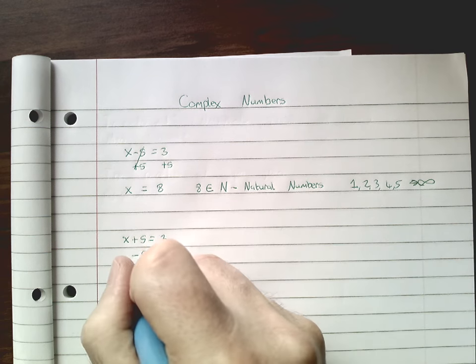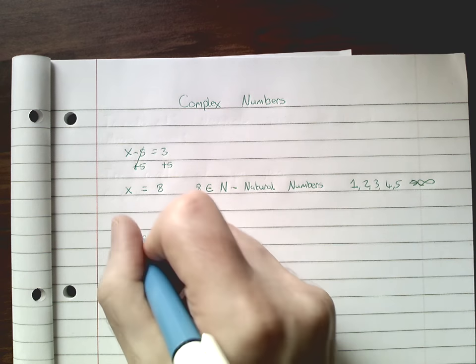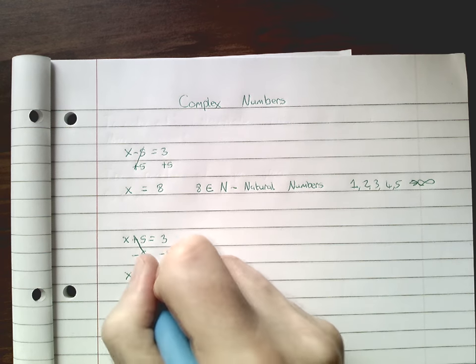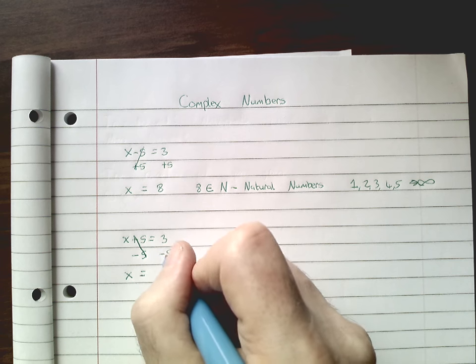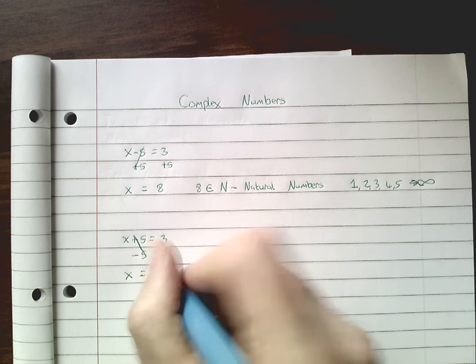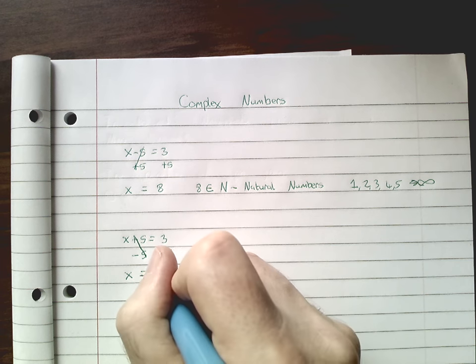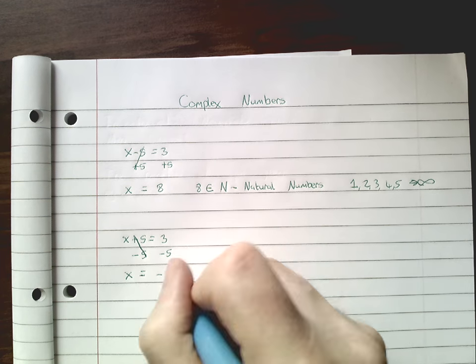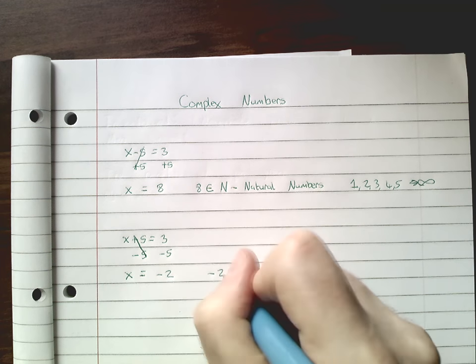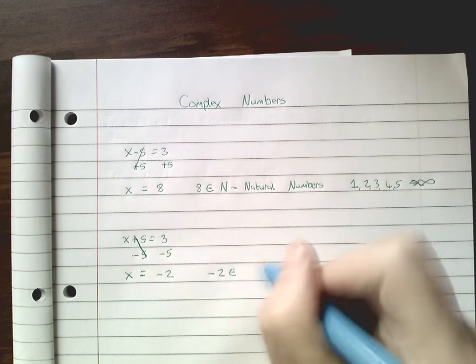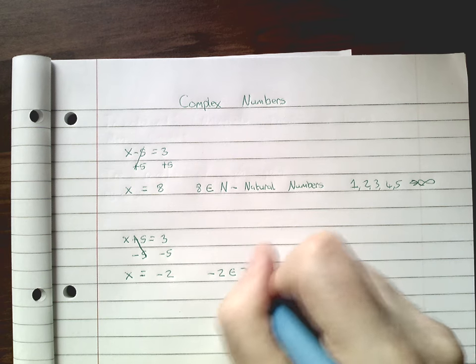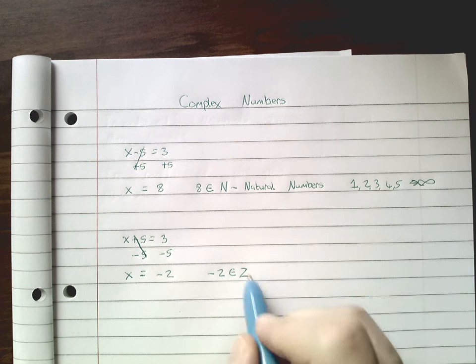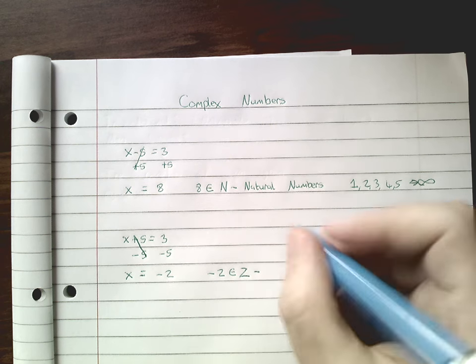And that will leave us with x, so these two will just cancel out. So x is going to be equal to 3 minus 5, which is going to be equal to minus 2. So this is another type of number, and this minus 2 is an element of Z, and this letter Z represents what are called integers.